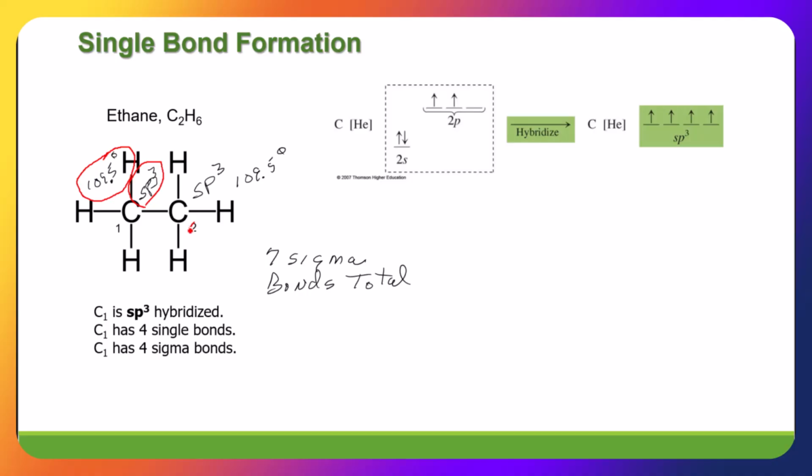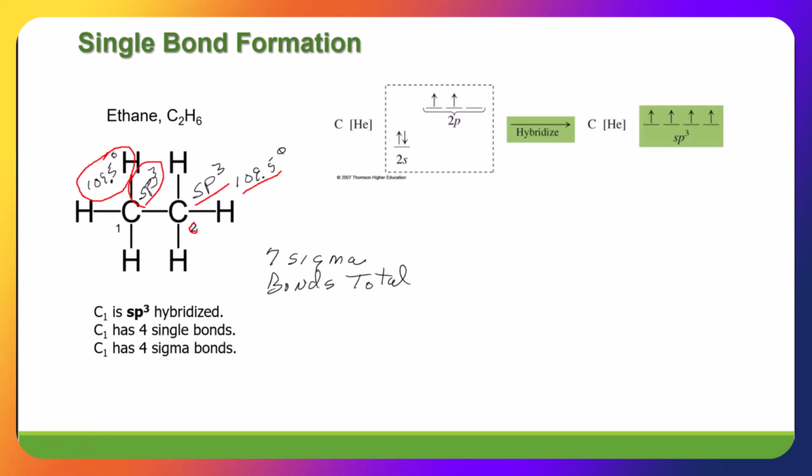And then over here, this carbon looks exactly like the carbon on the left. So number 2 carbon looks exactly the same. 1, 2, 3, 4 things around the central atom. Tetrahedral electron geometry, no non-bonding electrons, tetrahedral molecular geometry. The tetrahedral electron geometry tells me it's sp3 hybridized and that the bond angle is 109.5 degrees. Let's count the sigma and pi bonds.